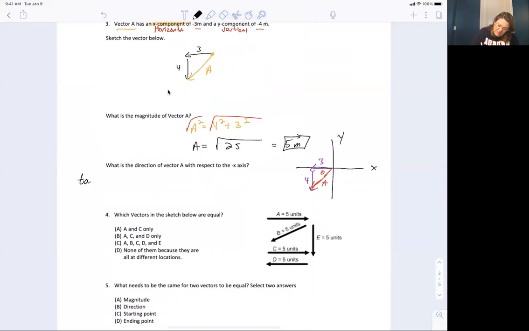So the tangent of theta is equal to opposite over adjacent. I got to get theta by itself. So I'm going to take the inverse of both sides, inverse tangent. Opposite side was 4, adjacent side was 3, so theta is equal to 53 degrees below the negative x-axis.